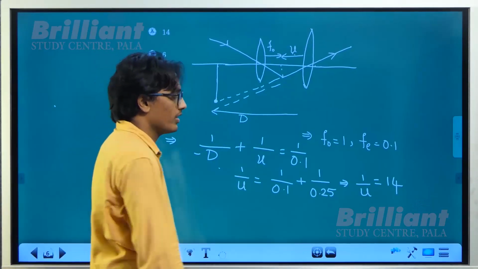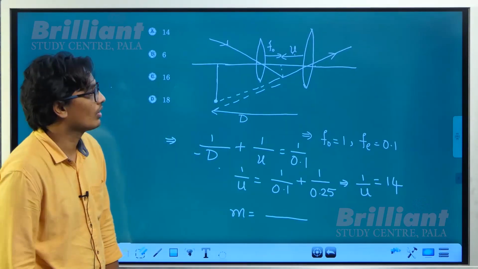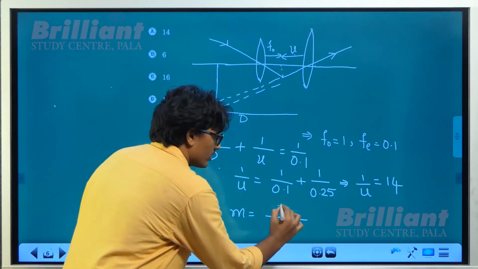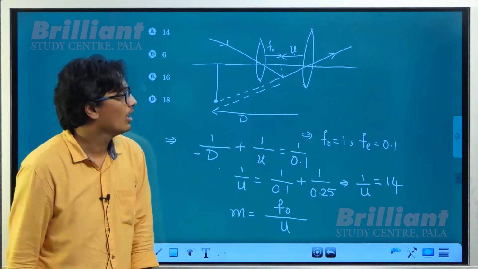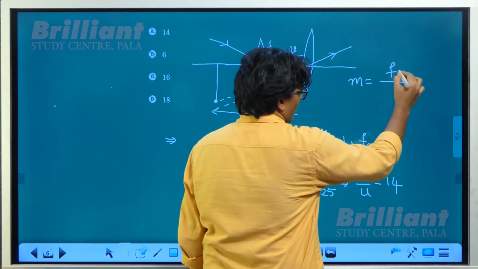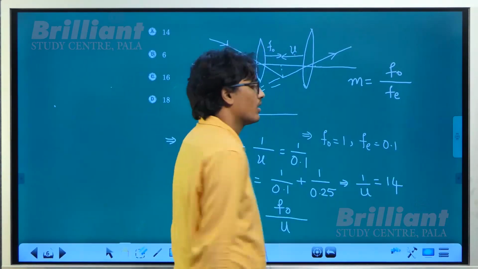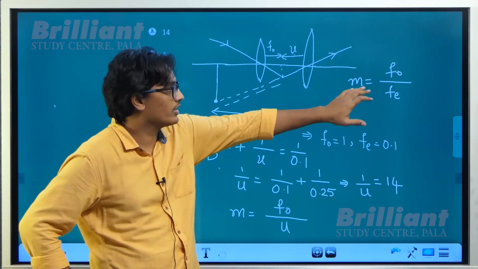Now they are asking magnification. So the magnification formula is FO by u. In the first case, magnification was FO by FE. This is at normal vision.